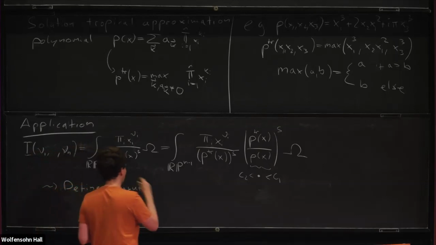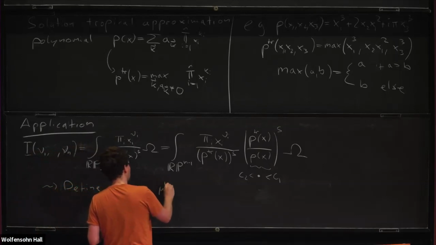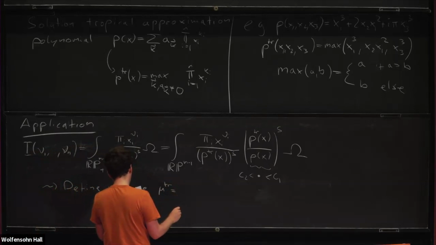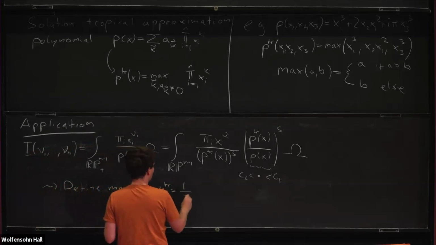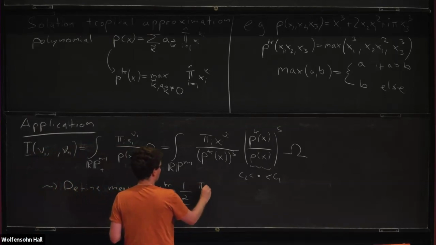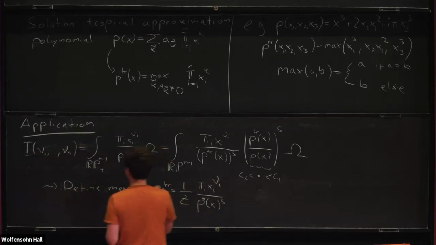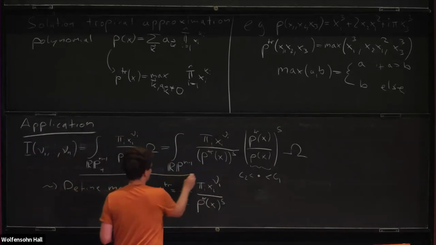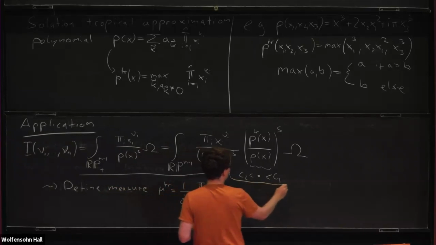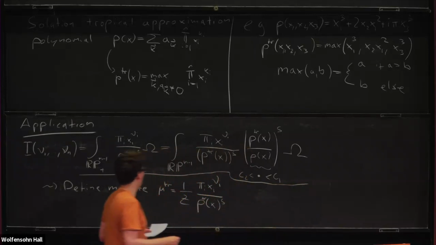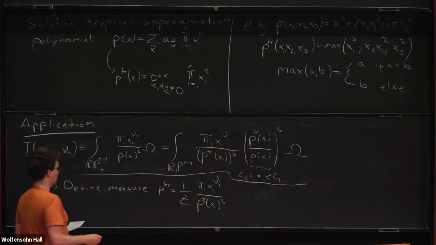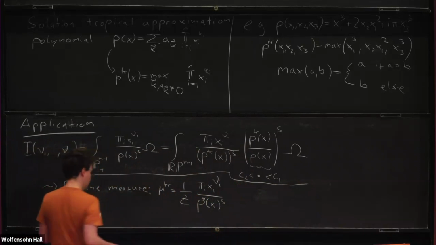We just define this measure, mu trop, which is 1 over Z, where Z is some normalization constant, over this p trop to the power of s. So maybe I should do some kind of break here. So this is a definition of this mu trop measure.